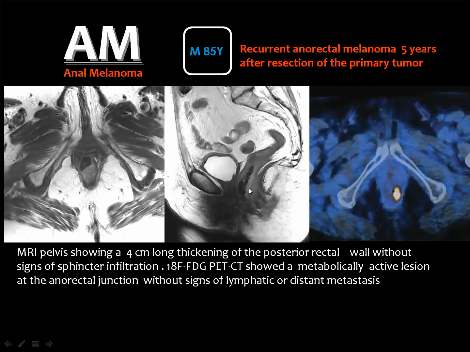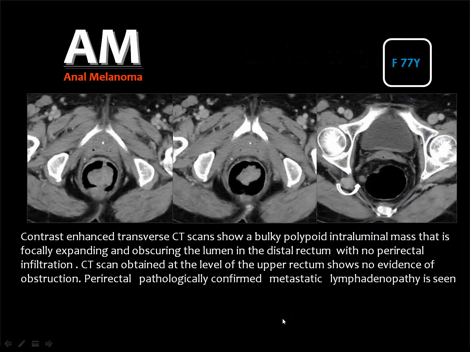This is the T2 weighted image in the sagittal view, and this is the PET-CT showing high metabolic activity. And here we can see another example of anal melanoma that is not discriminated from an anal polyp or anal granular cell tumor, for example, and many of these lesions.